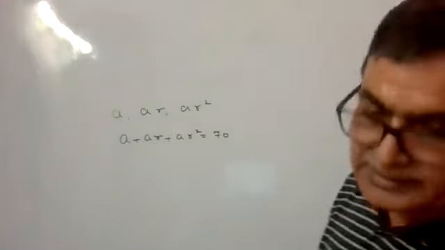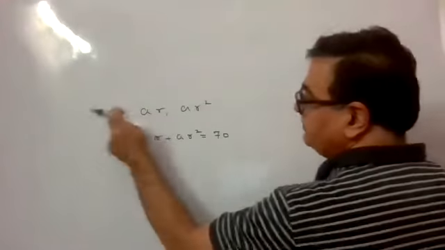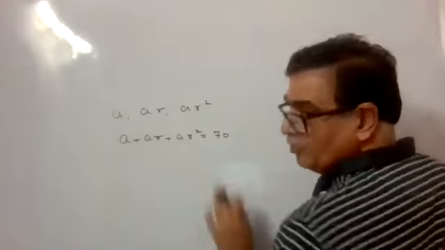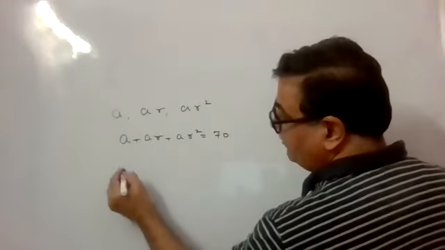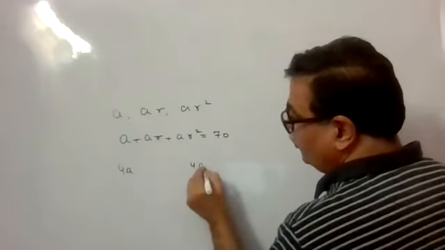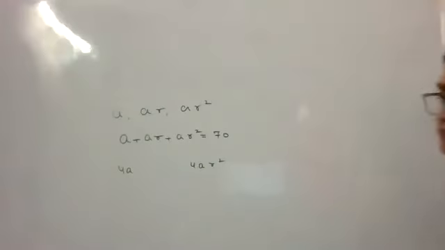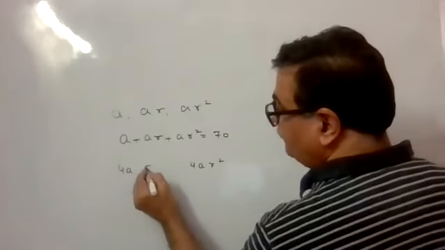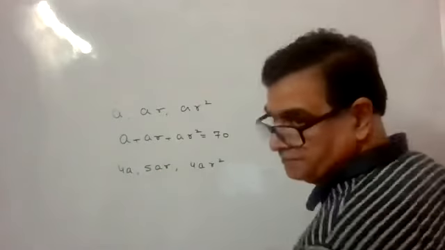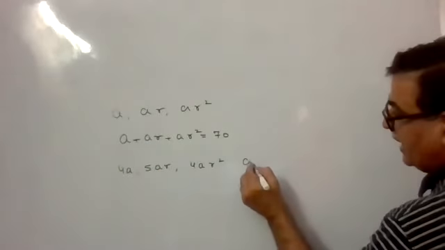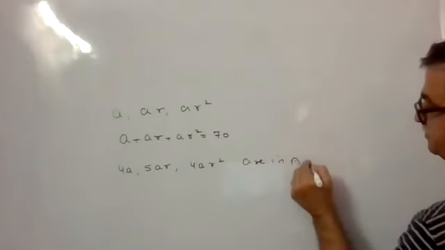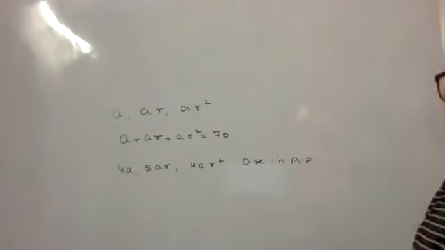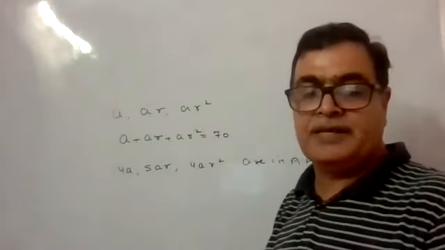Second condition says that the extremes are multiplied by 4. So the first number becomes 4A, and this will be 4AR square. And the mean is multiplied by 5, so it will come 5 times AR. Then these three are in AP.